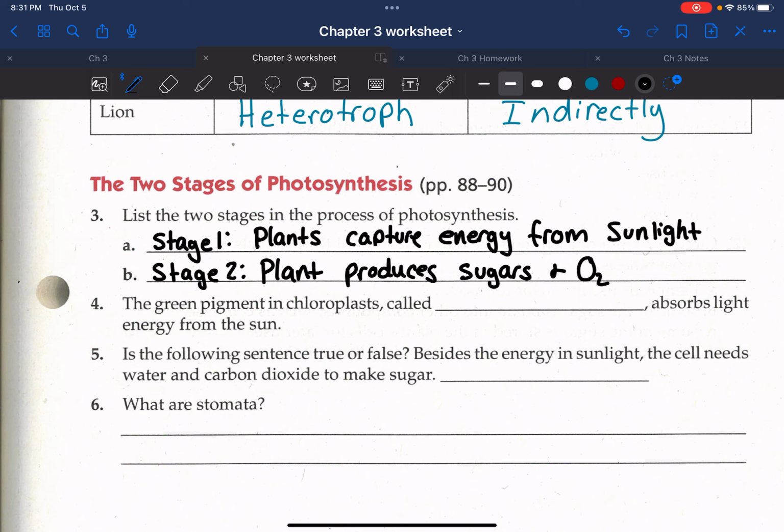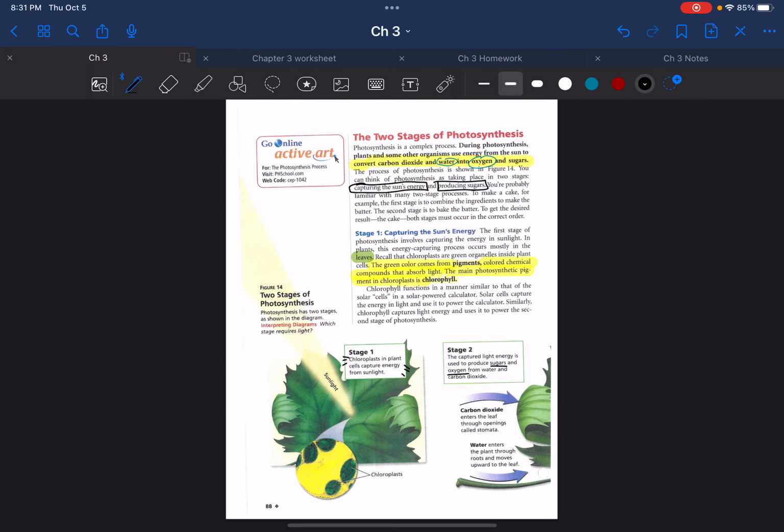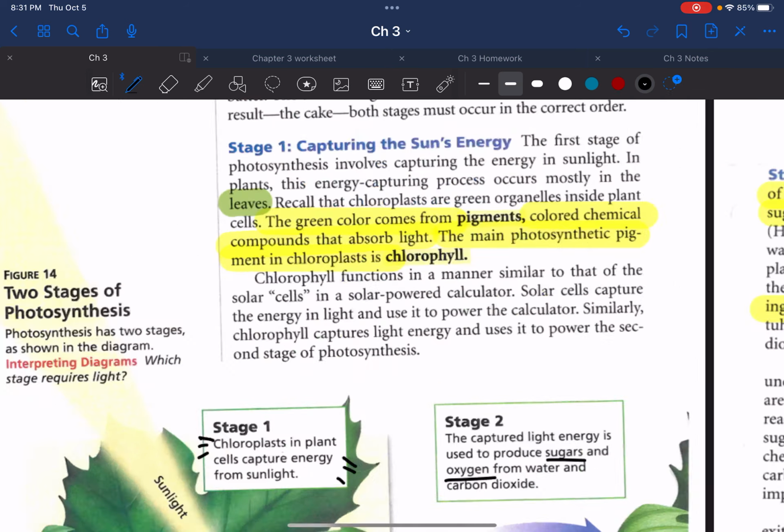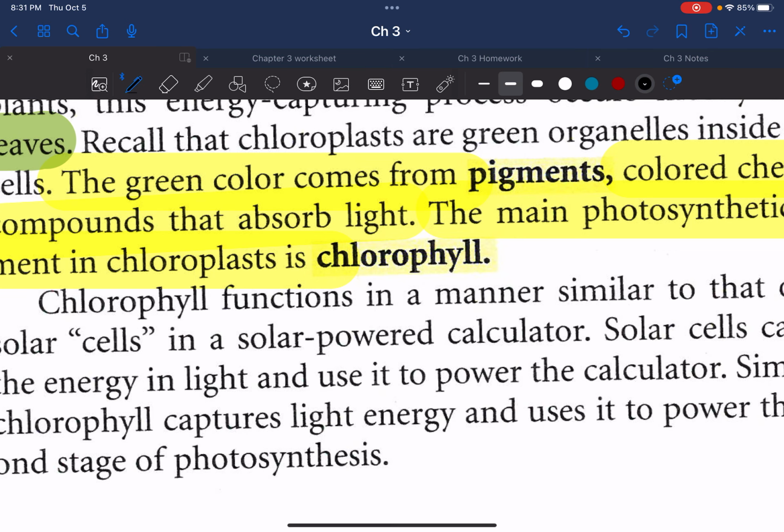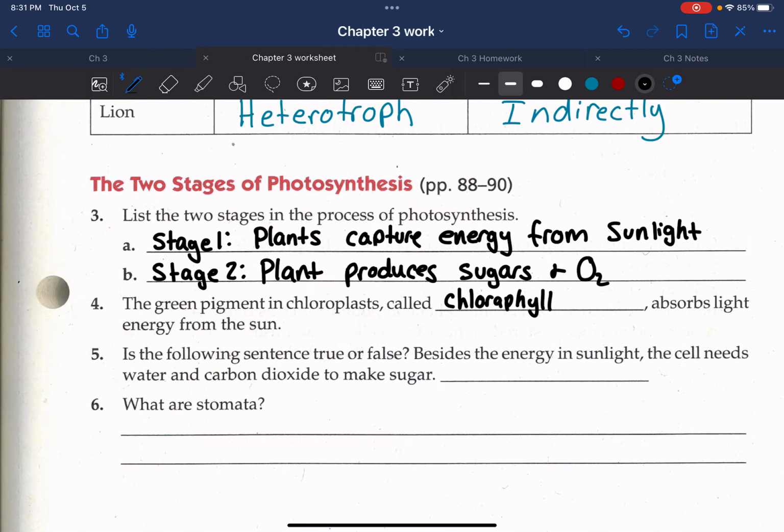Okay. The green pigment in chloroplast is called chlorophyll. Wow, I don't know if I spelled that right. You know what? We're going to go back and look. CHLORO, so it's chlorophyll.